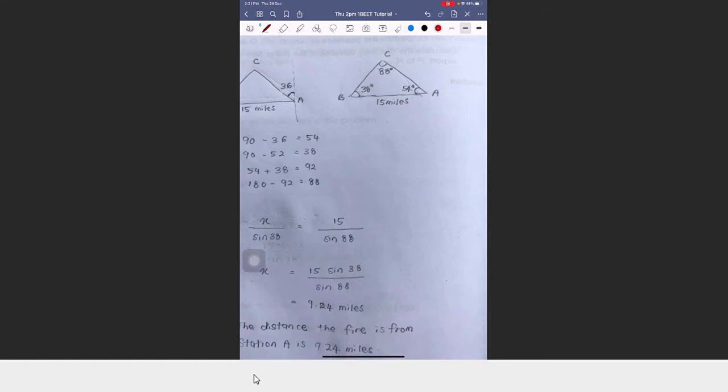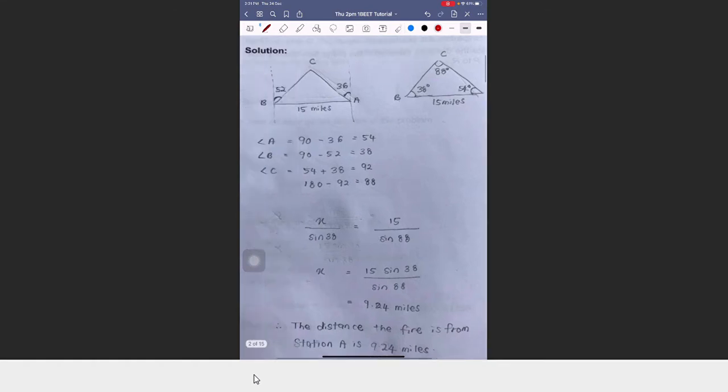So let's look at the diagram here. Station A is directly east of station B, so A is here, B is here. It mentioned these two stations are 15 miles apart, so the distance from A to B, or B to A, is 15 miles.